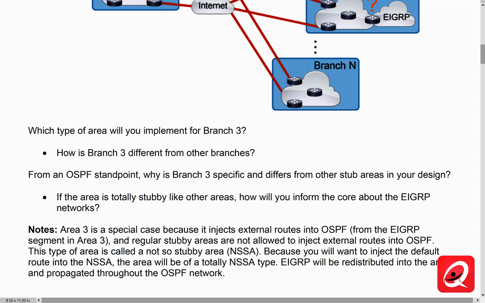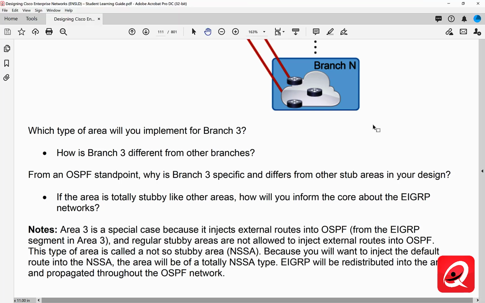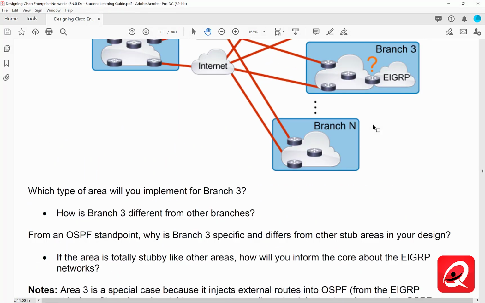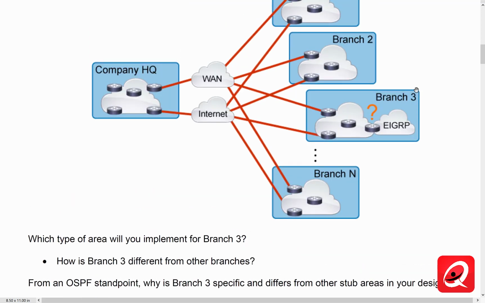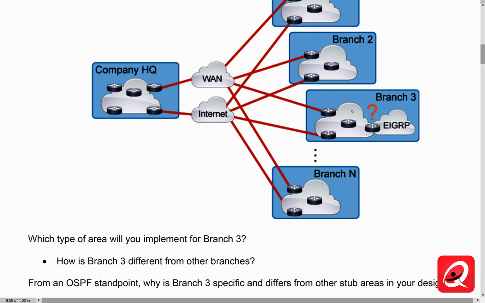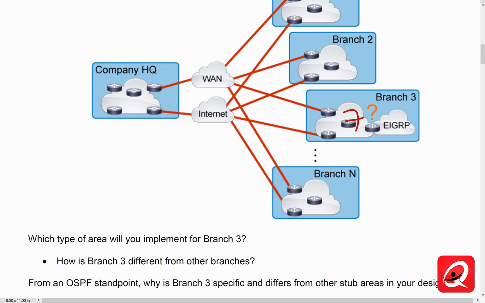And then it would look like the rest of the areas. The only difference is we would have type 7s coming in, right? The 7s would be coming in here. These would be our area border routers, so those would become type 5s.